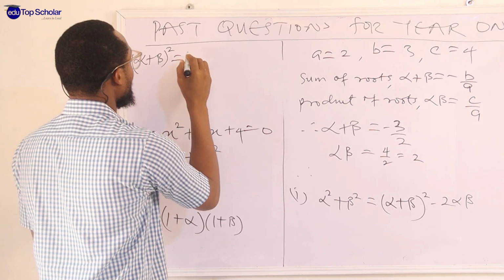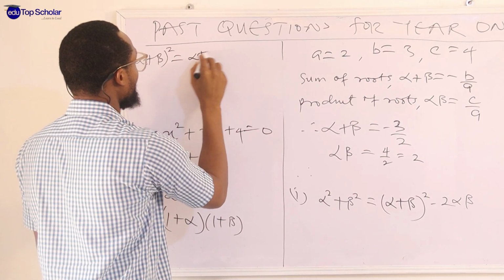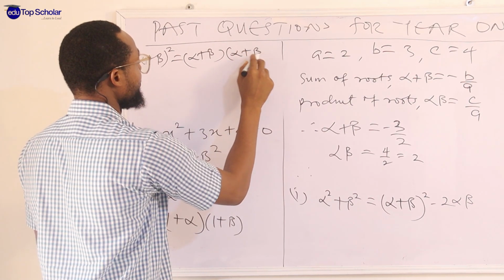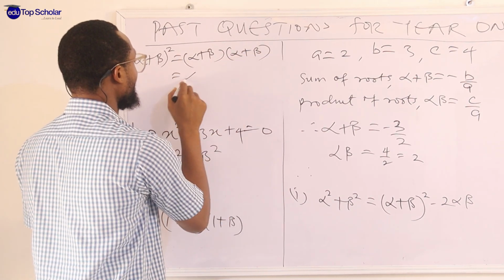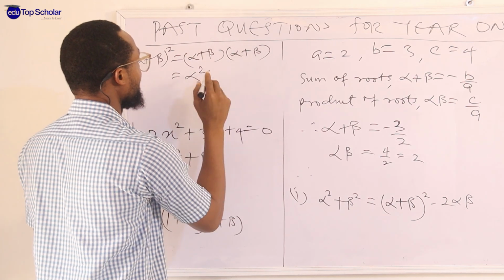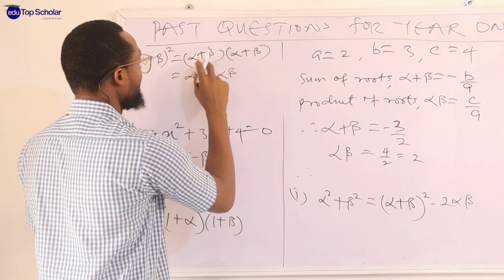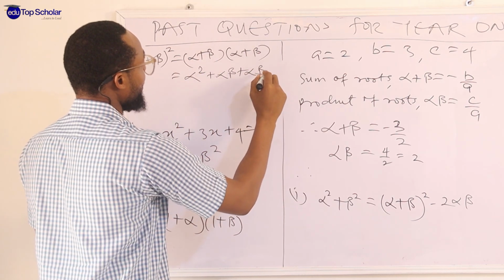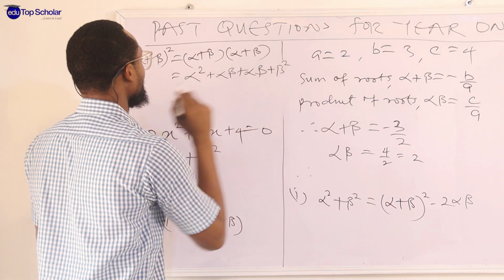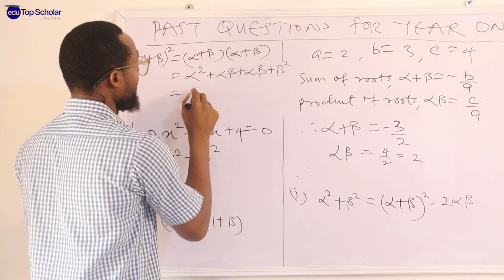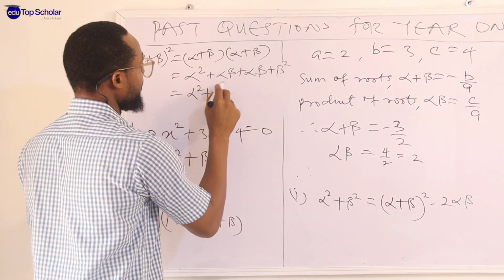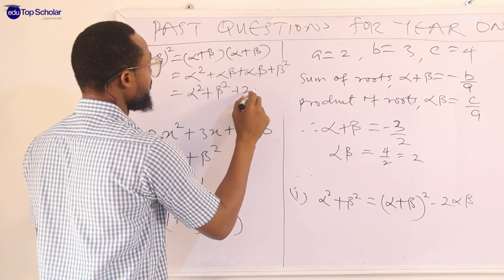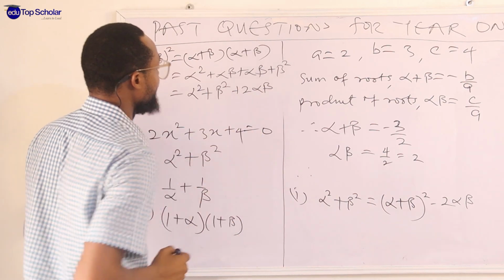Alpha plus beta all squared is saying alpha plus beta multiplying itself. Alpha plus beta. Alpha by alpha, we have alpha squared. Alpha by beta, we have alpha beta. Beta by alpha, we have alpha beta. And beta by beta, we have beta squared. And therefore, this gives us alpha squared plus beta squared plus alpha beta plus alpha beta, that one is plus 2 alpha beta.